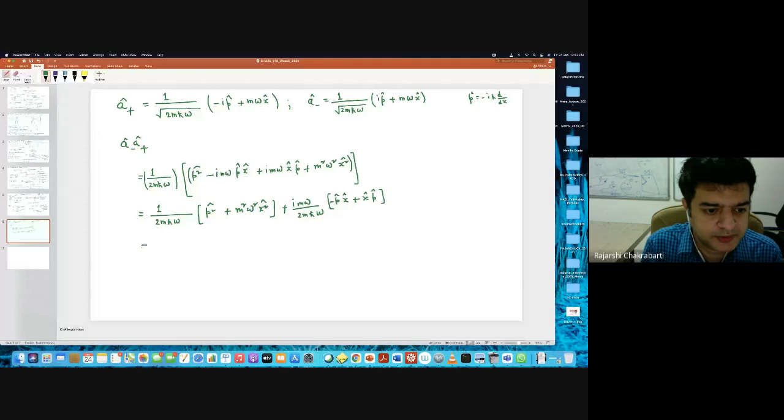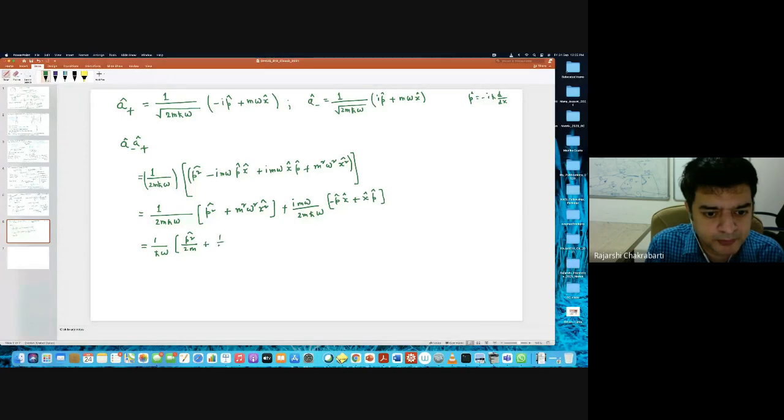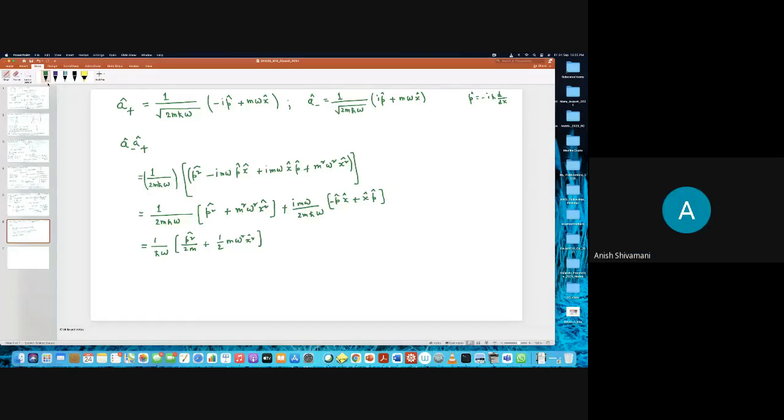Now if I take this twice m inside, it's going to be 1 by h cross omega into... so can anyone tell me what this is? Hamiltonian.